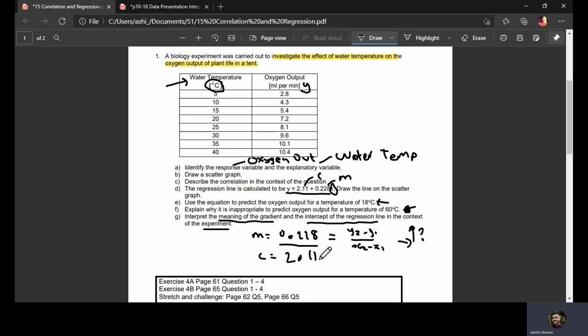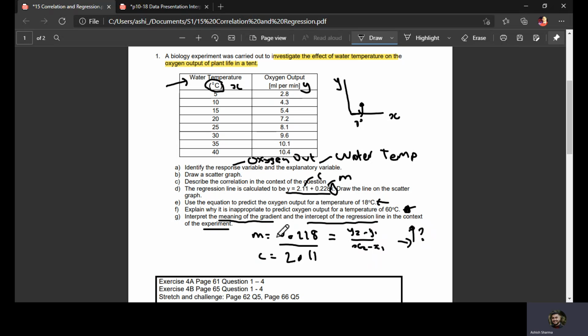So 0.228, if we think about that in this context where we've got a graph, x against y, where x is water temperature and y is oxygen output, then 1 unit across will be 1 degree across. And 0.228 represents how much oxygen output is given per degree of temperature.